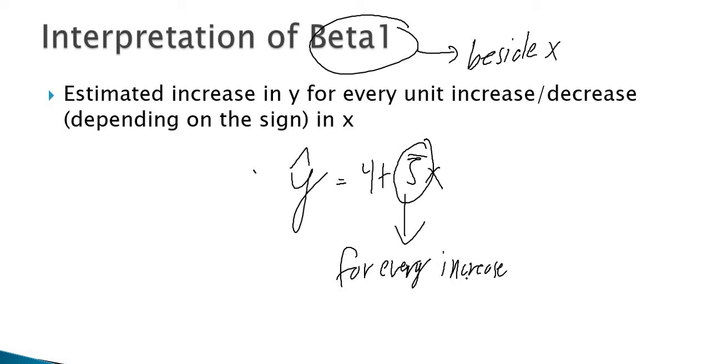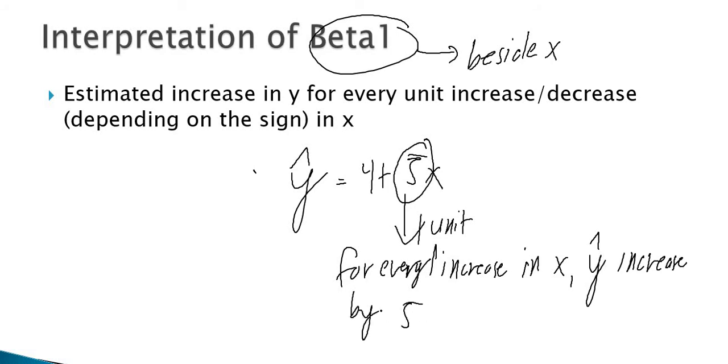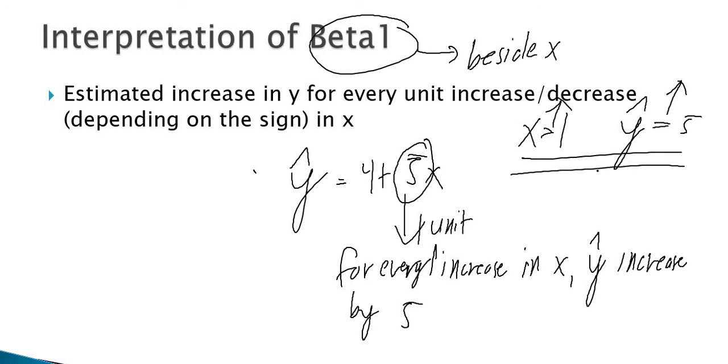For every 1 unit increase in x, y hat increases by 5. So if, for example, my x increased by 1, my y hat should increase by 5. So that's what beta sub 1 means.